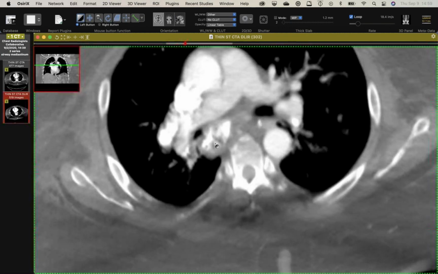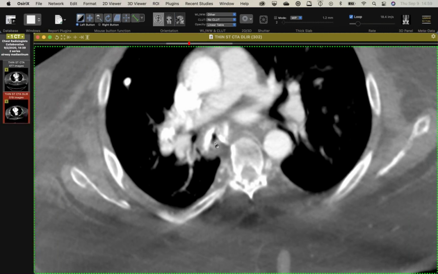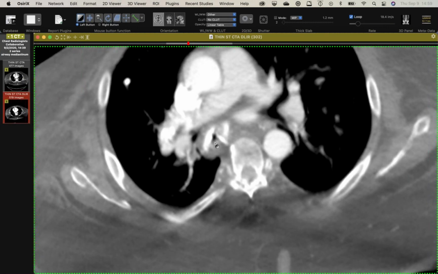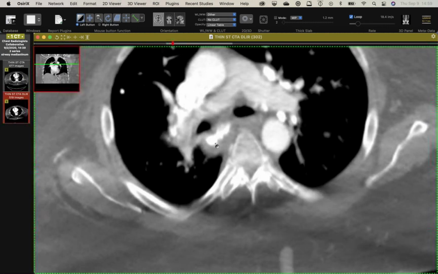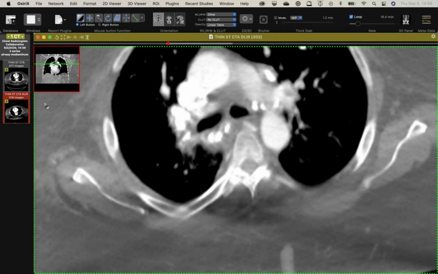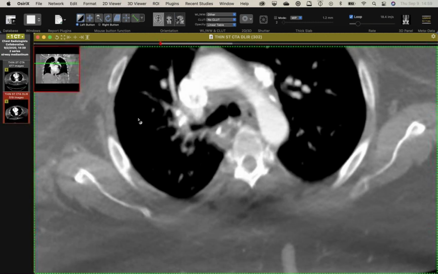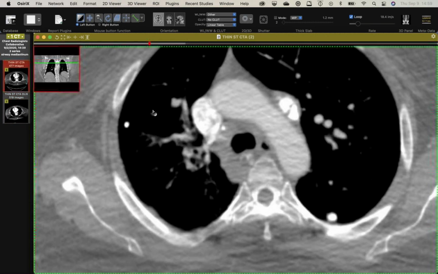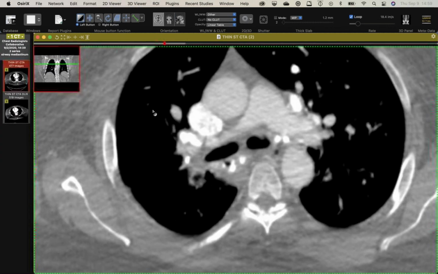I've seen this with TB and infection, but I don't recall seeing it with sarcoid. Has anyone ever seen a broncho-lymphadenopathy fistula or anything from sarcoid? No, I don't think so. Sarcoid nodes are pretty hard and contained, but clearly there's a defect right there.